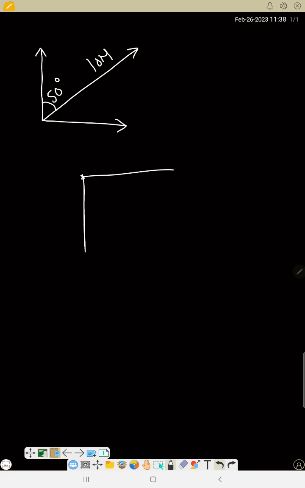So now according to what I have explained, tell me where will be cos and where will be sine. 50 degree, 10 Newton. So resolve everything here into horizontal and vertical.